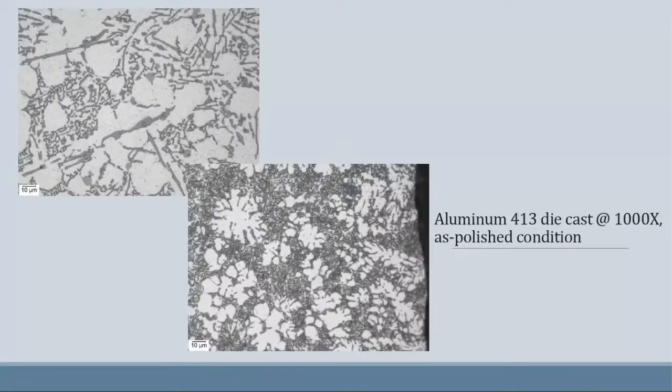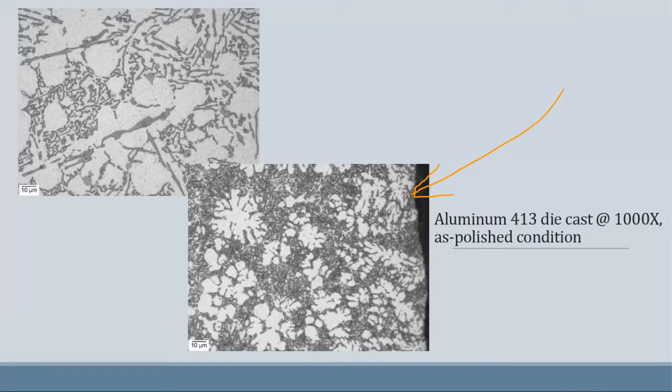Looking at another set of images, here's an aluminum die cast. What I'm illustrating here, these are both at 1000x magnification in the as polished condition again. You can see that the outer surface is this image here, because you can see the surface on the right of that image.